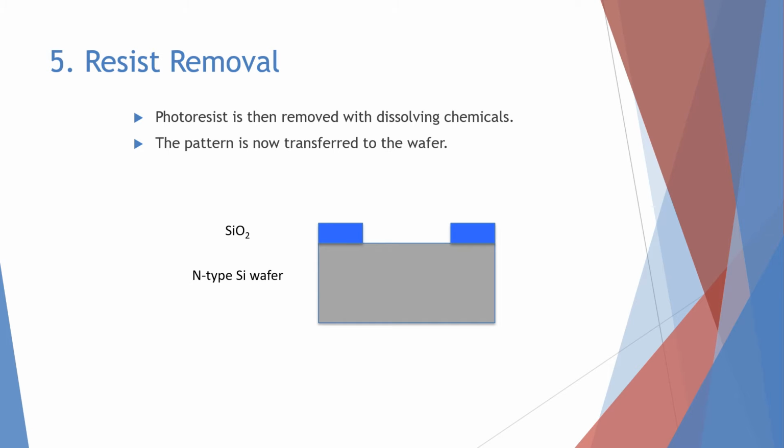In order to develop, for example, an NPN type of transistor, the next process is this: because we already have the N-type Si wafer, after the etching process we have to remove the remaining resist from this layer. The photoresist is removed with a dissolving chemical. Now the pattern is already transferred to the wafer. This is the N-type Si wafer.